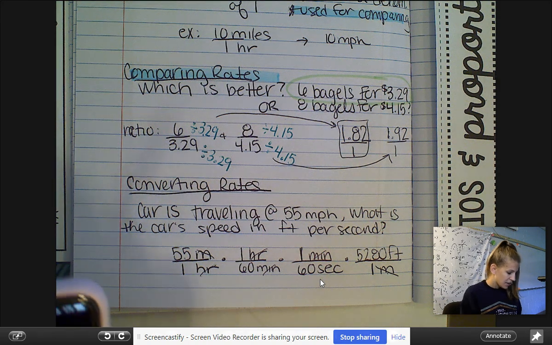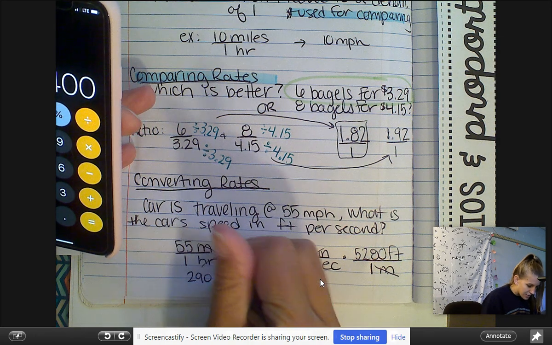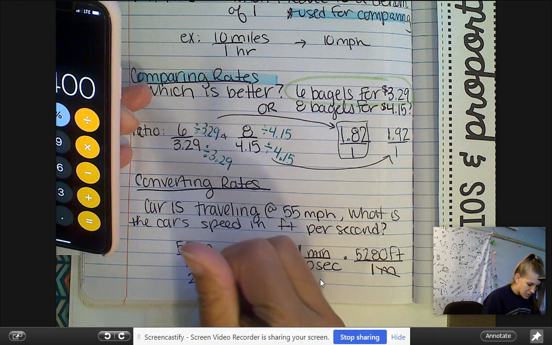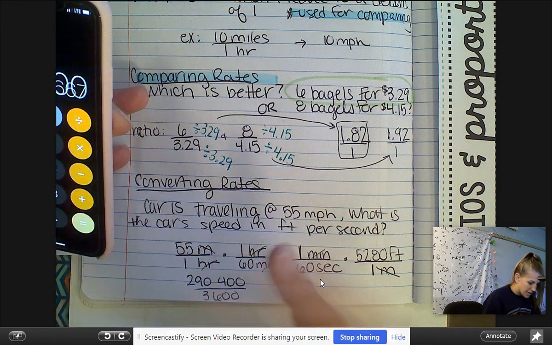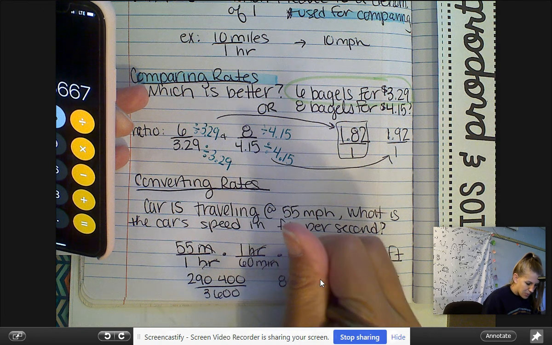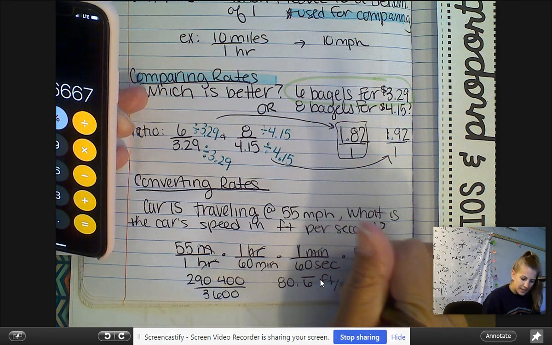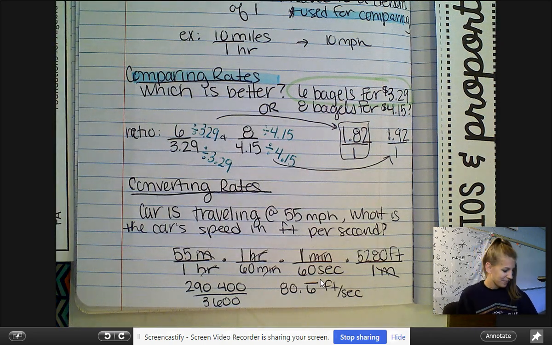So 5280. My numerator was 290,400. Holy moly. Divided by 60 times 60, which is 3,600. That's going to be 80.6 repeating feet per second. Feels like you're going fast when you say it that way.